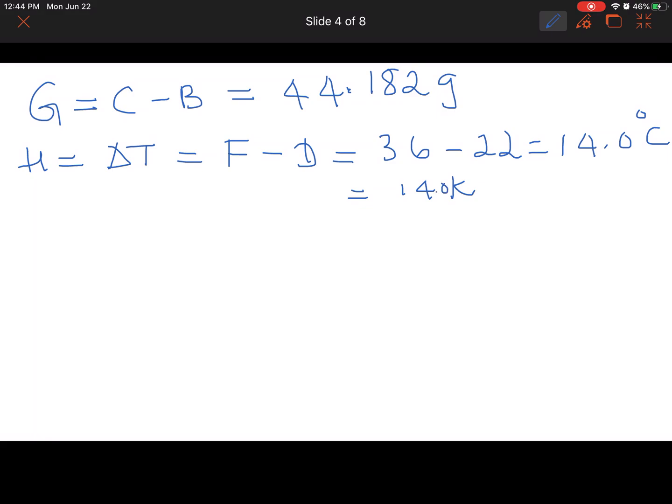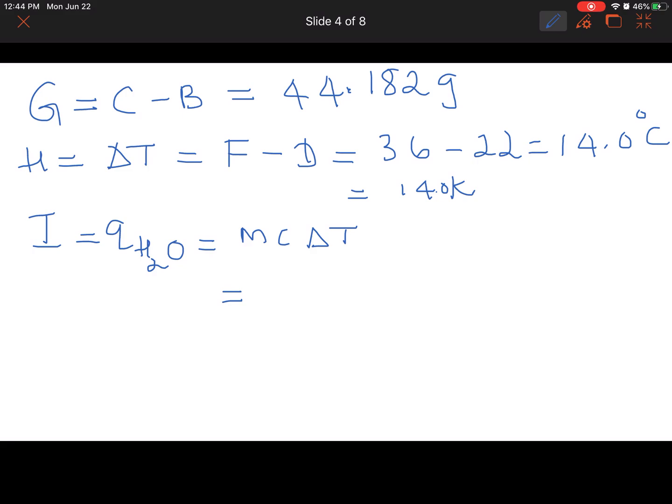Okay, that's your H. And then your I is going to be Q water. So how did we say we're going to find out the Q water? Using the equation mc delta T. And what is M? Where do we find the M? M water. This is for the water. Which letter gives us the M water?